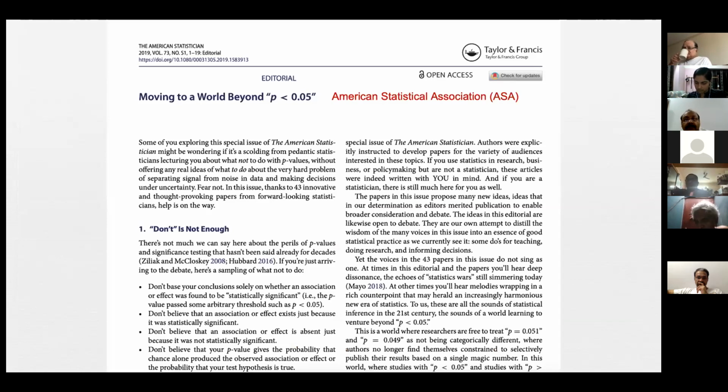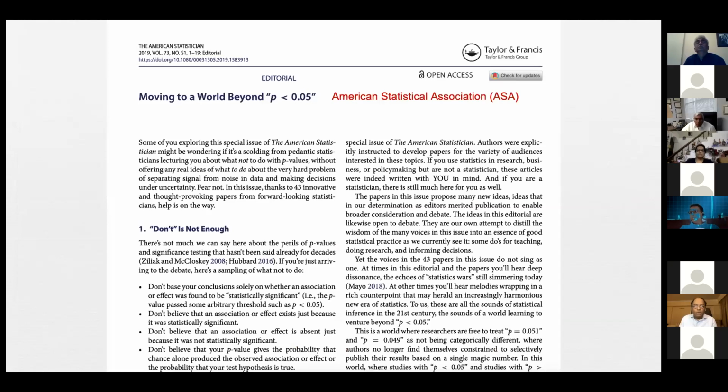They had a big conference about p-value, and the whole concept was how to move to a world beyond p less than 0.05. At the end of the conference, they brought out a special issue of the journal called American Statistician.